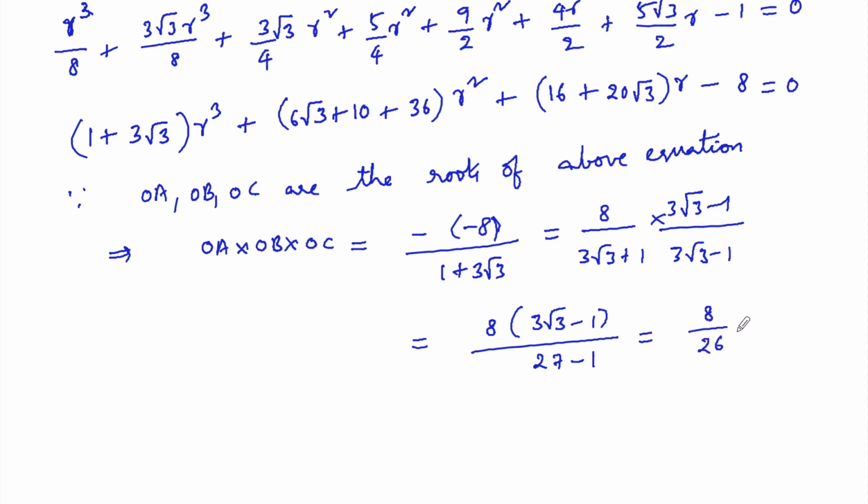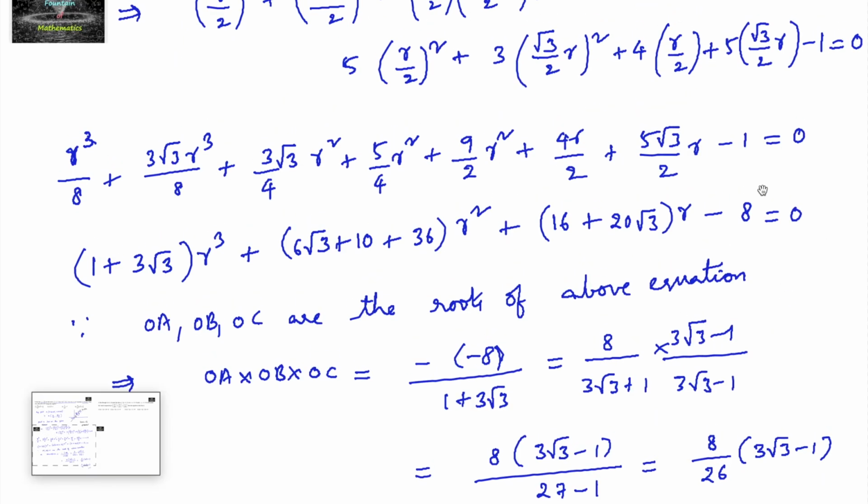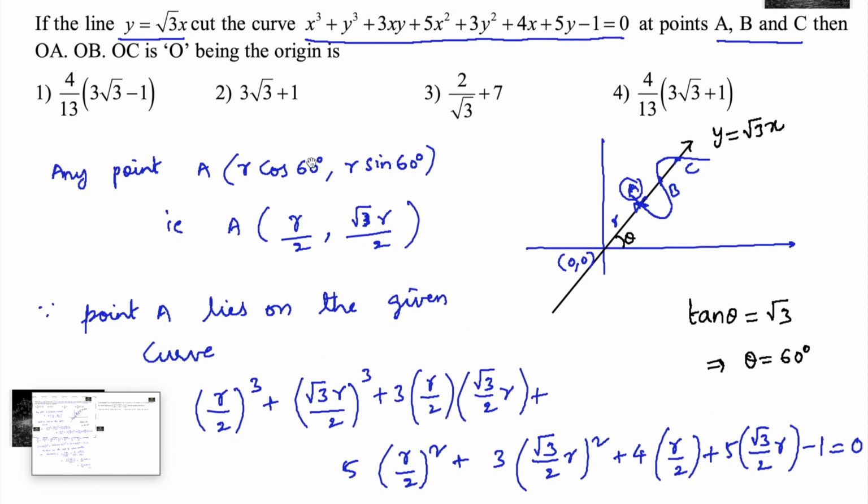So 8 upon 26 times of 3 root 3 minus 1, that is 2 4s are 8 and 2 13s are 26, 4 upon 13 times 3 root 3 minus 1 is the answer for this question, and we can see the option 4 upon 13 3 root 3 minus 1 is first option.